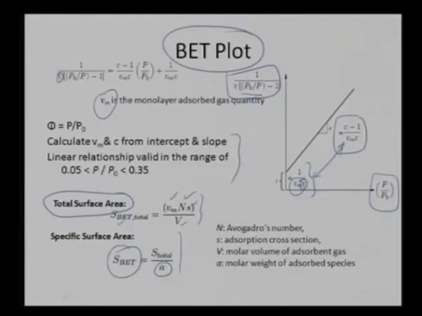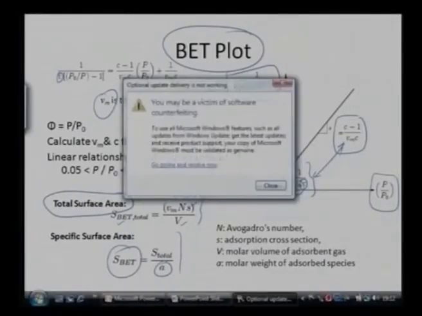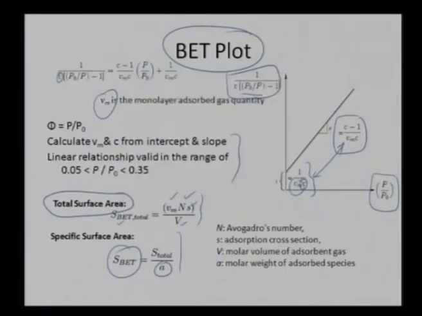So we can define the overall specific surface area available for a particular material. BET is a very handy tool for defining the overall porosity in terms of its volume. The BET plot is a very critical tool for defining the total surface area as well as the specific surface area, to calculate the overall porosity of a material or the overall area available for a gas species to react with a surface.